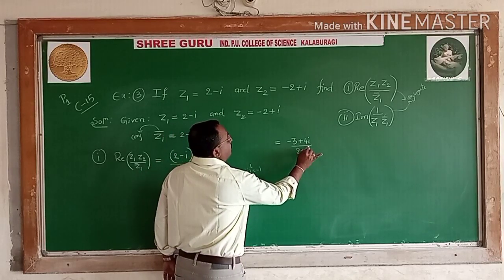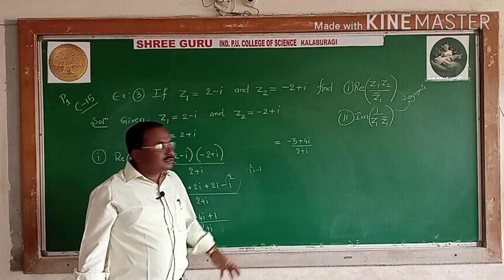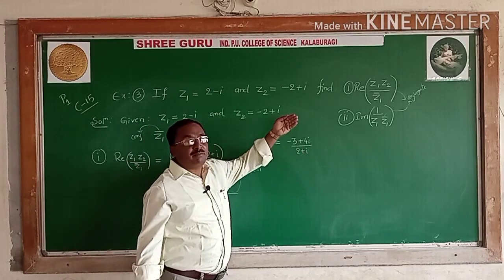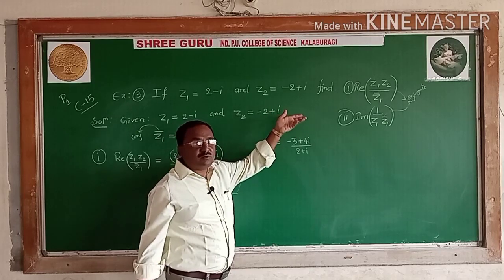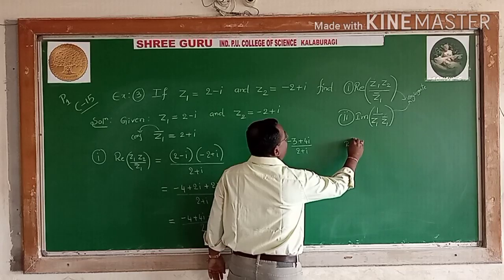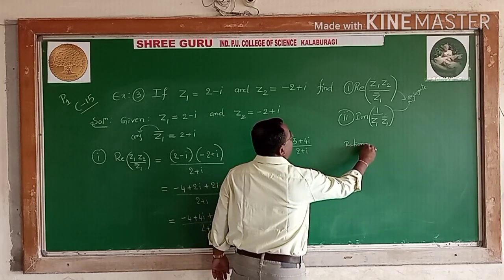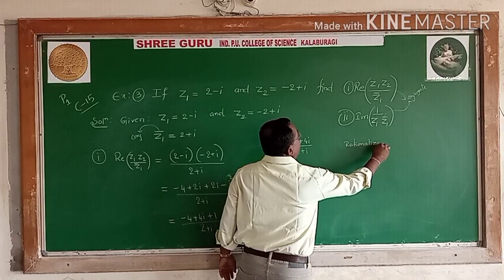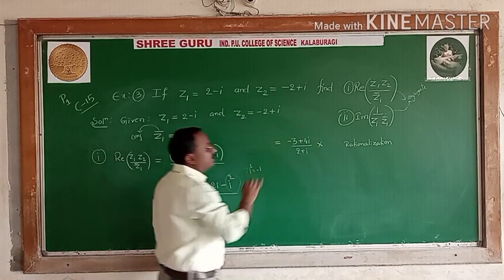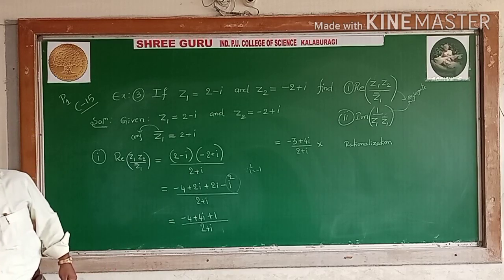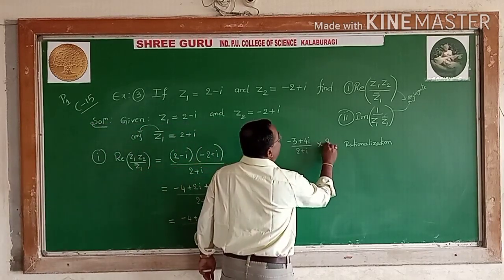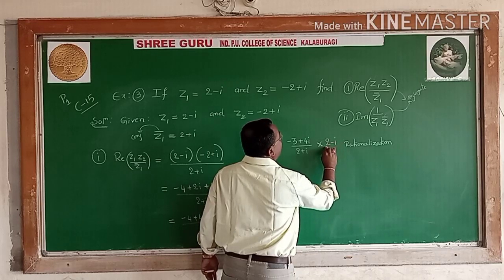This is an incomplete complex, a division of complex numbers with i in the denominator. So we apply rationalization of the denominator. 2 plus i becomes 2 minus i, the opposite sign, multiplied and divided by 2 minus i.